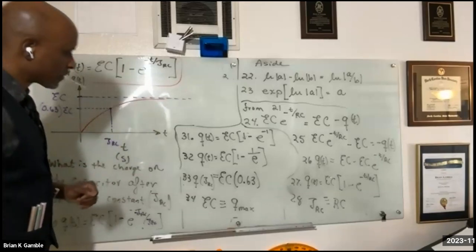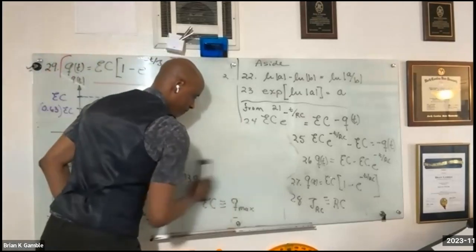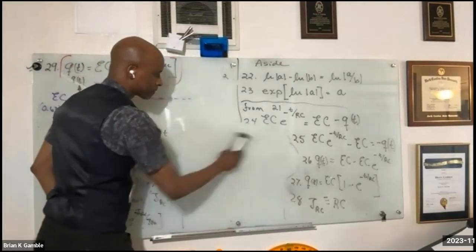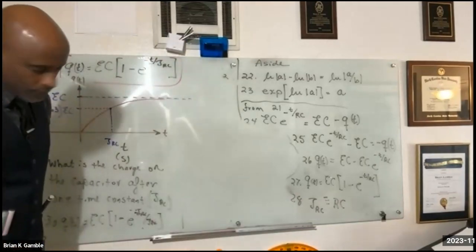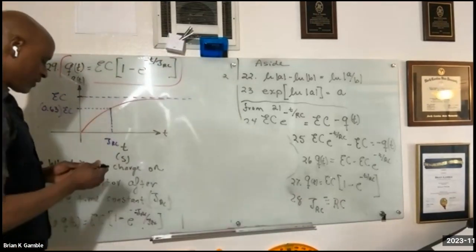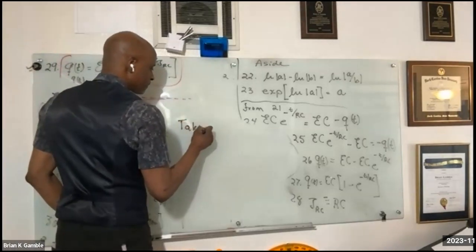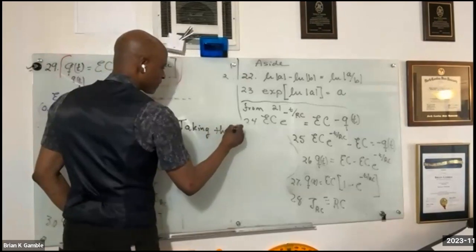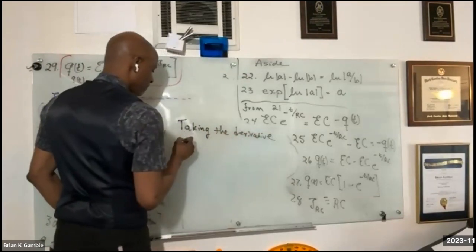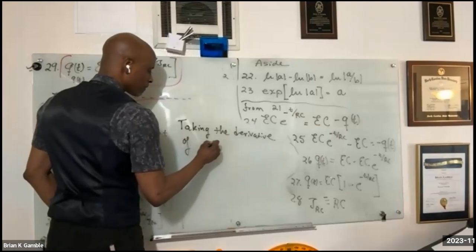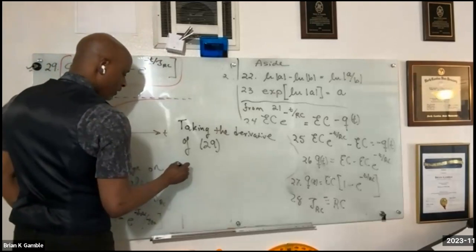So how do you take the derivative of that? Should be pretty straightforward. So taking the derivative of equation 29, we're going to get that.